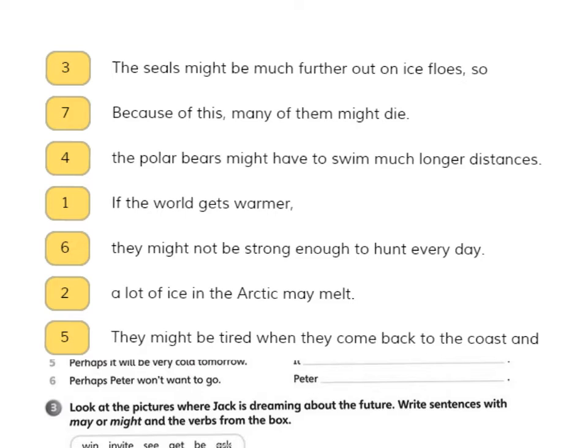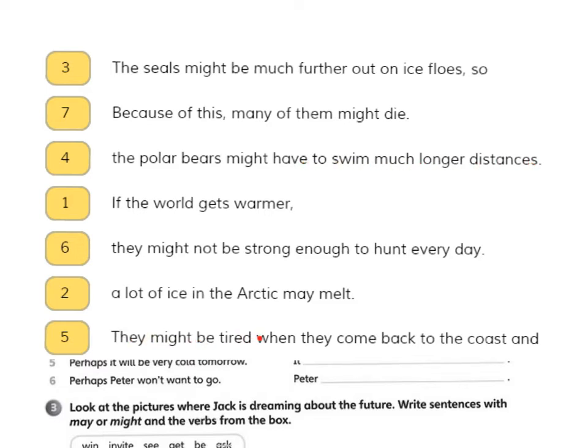Let's start reading them. Number 1. If the world gets warmer, a lot of ice in the Arctic may melt. The seals might be much further out on ice floes, so the polar bears might have to swim much longer distances.